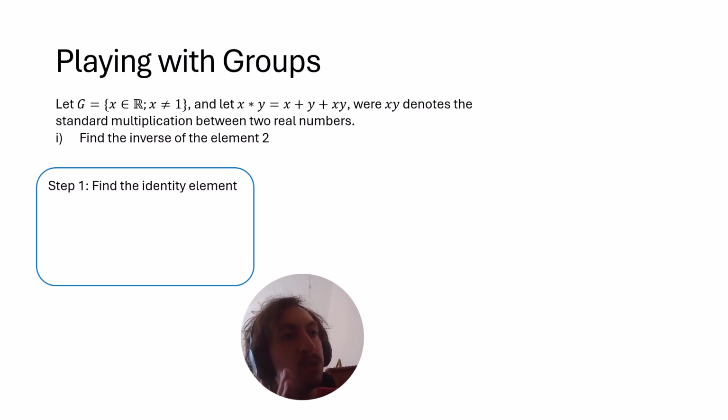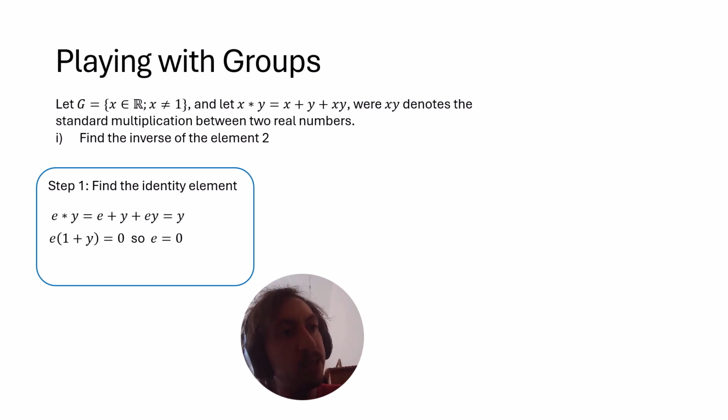Now, if we want to find the inverse element of 2, or really any inverse element, the first step usually is to find the identity element, and then finding inverses is quite straightforward after that. So to find the identity element, we use the idea that E star y has to equal y for any member of the group y.